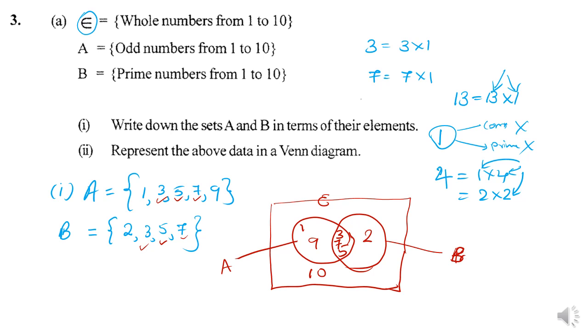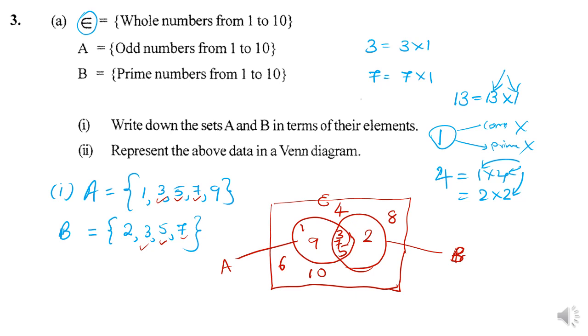And we have to add 4. 4 is a composite number, and it is not an odd number, so we have to take 4 here. Now let's see, 1, 2, 3, 4, 5 and 6 also here, 6, 7 and 8. We have to get 8 here, and 9 here, 10. Right, now we have got all the things.